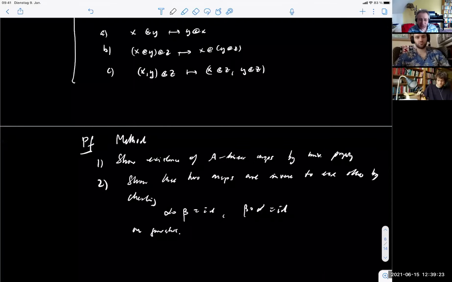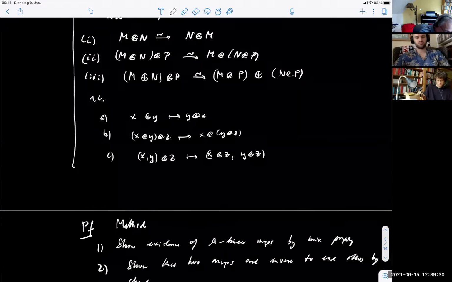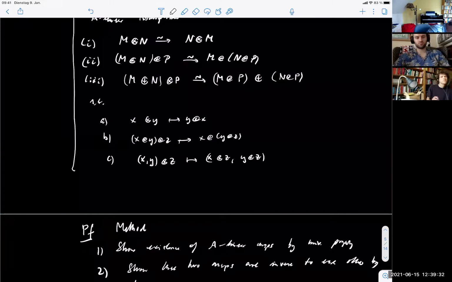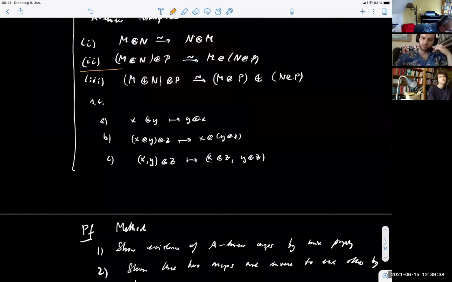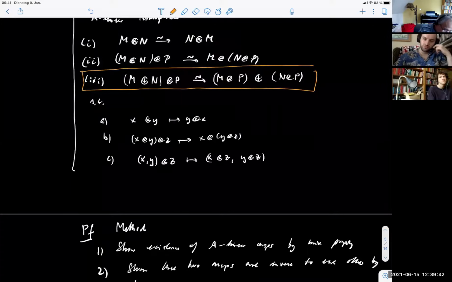Okay. So now you tell me. In my notes, I was planning to do distributivity, but you tell me if you want to see it. If you want, I can explain to you the proof of this. Maybe this is the most complicated of the three. But if you tell me you see how it goes, then I will not do it.